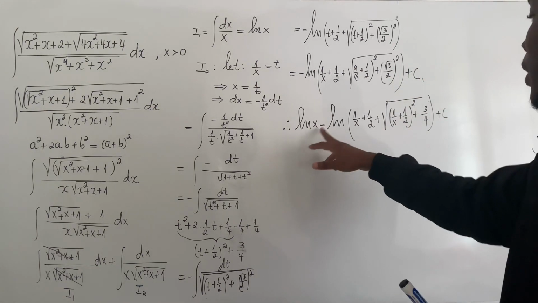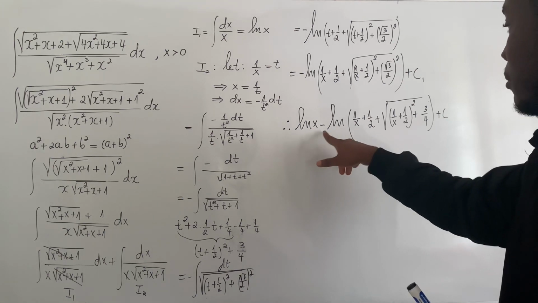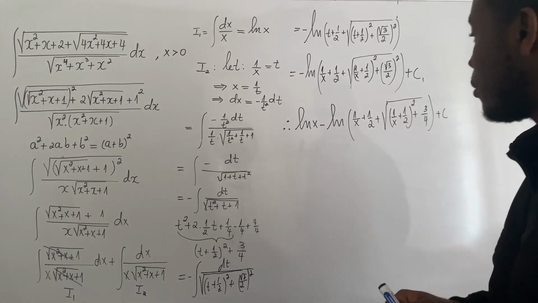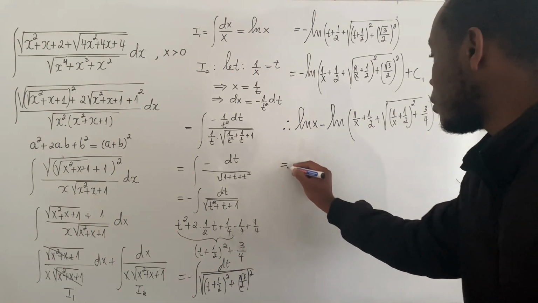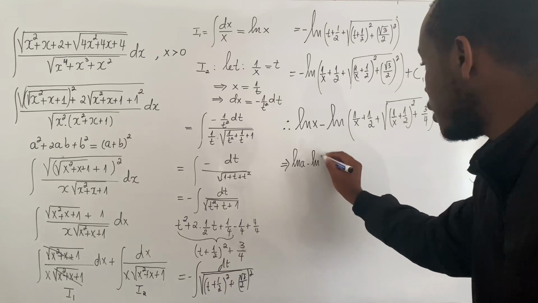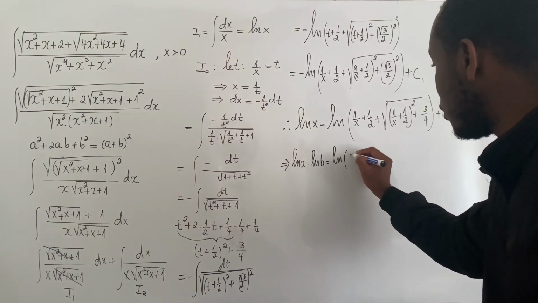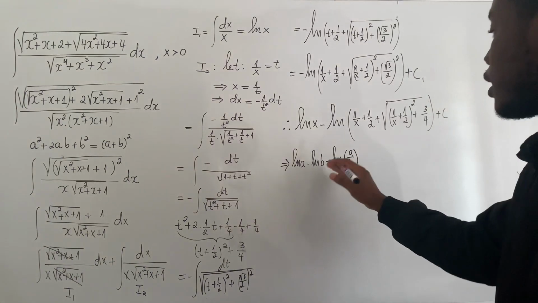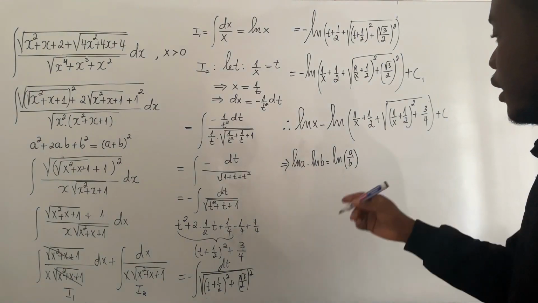So we can apply the ln property, ln of a minus ln of b. It's not a problem. We know that ln of a minus ln of b is equal to ln of a over b. If they are subtracting, they divide the arguments. If they are adding, they multiply the arguments.